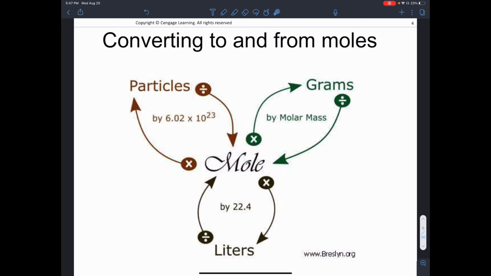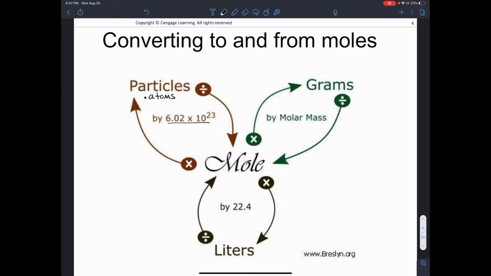You can also convert from moles to particles and particles to moles, or moles to volume, which we'll do later in the year. Before I move on to the next slide, I just want to point out that the word particle is a generic term, but it includes things like atoms. So if you're asked to find the number of atoms, you're going to use Avogadro's number in order to convert from moles to atoms and back and forth.